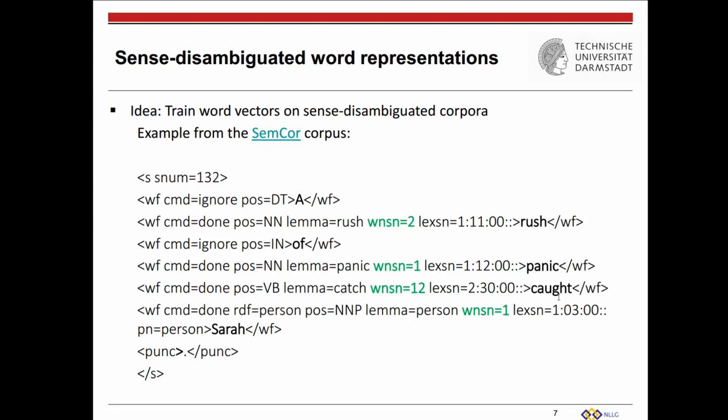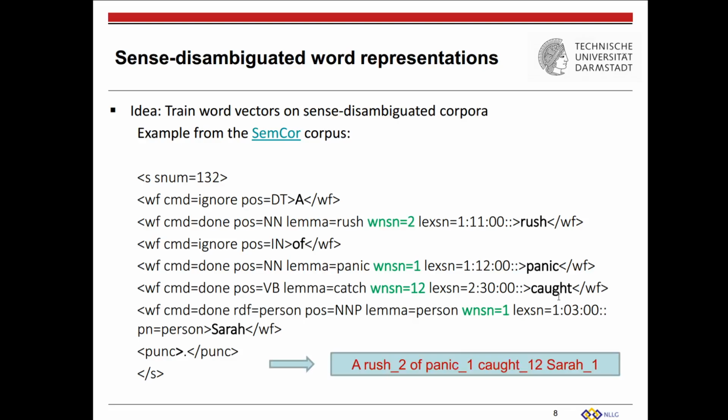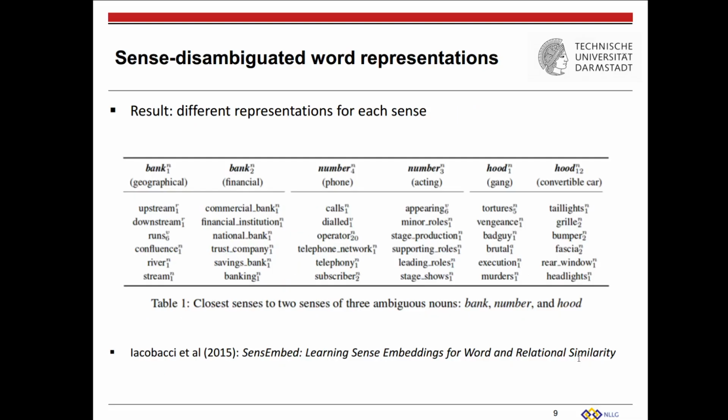WordNet gives many different lexical semantic relations in English between words. For example, which word is related to another word, and how many senses the words have, etc. And then if we ignore all other information except for the word senses and the plain text, we'd have a rush of panic called Sarah, and then we'd have the word senses down here.